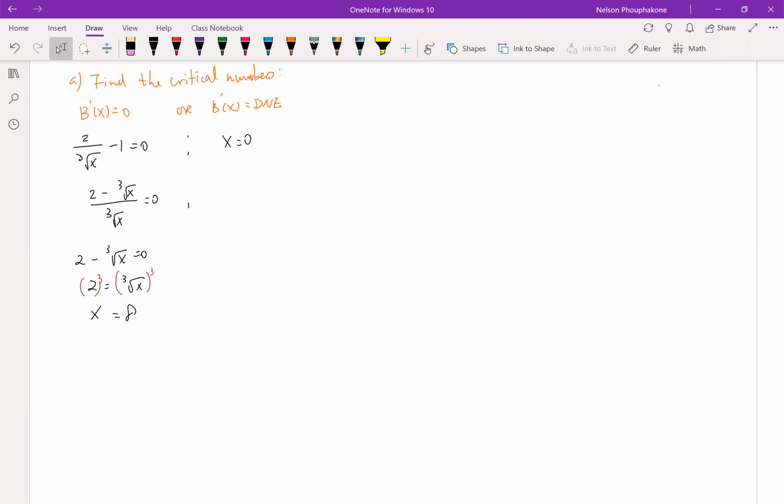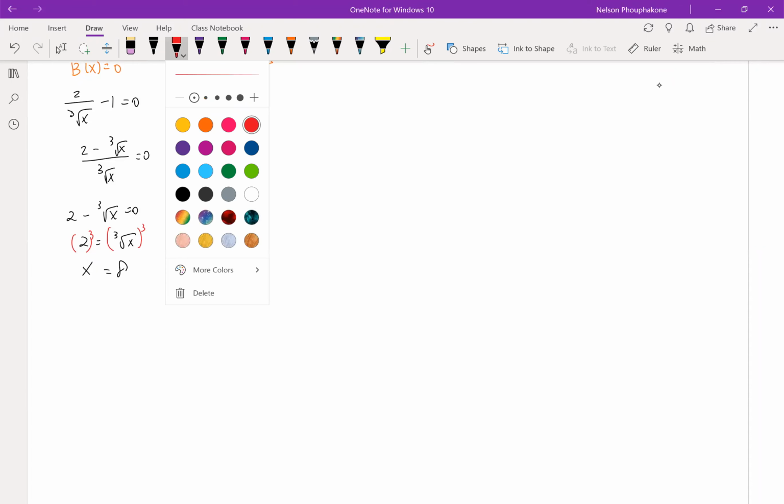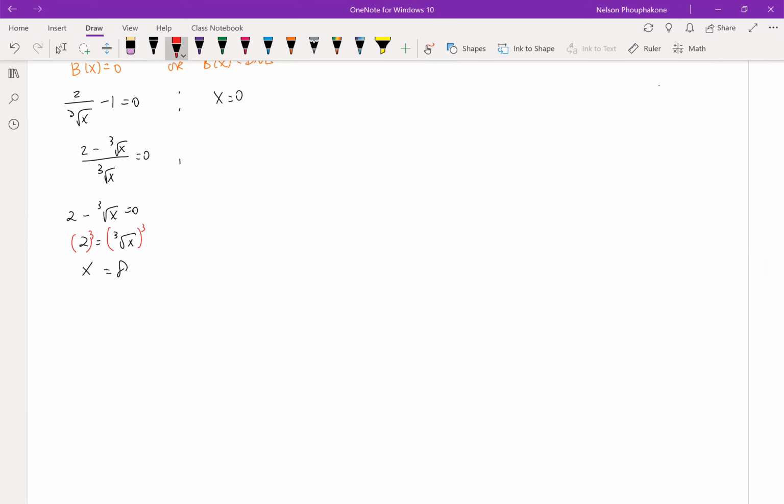And now we are going to work with the sign chart. So on this sign chart right here, we will work with b prime, and then we have x equal to 0 and x equal to 8.